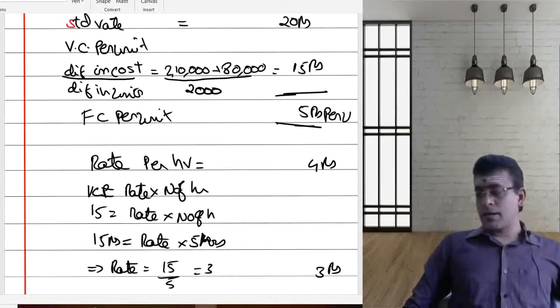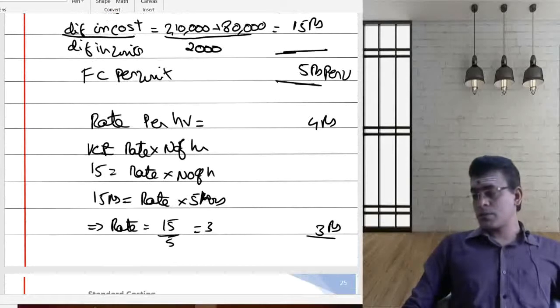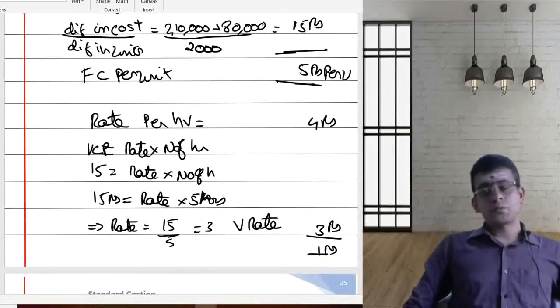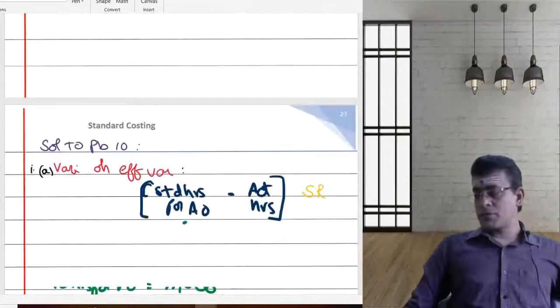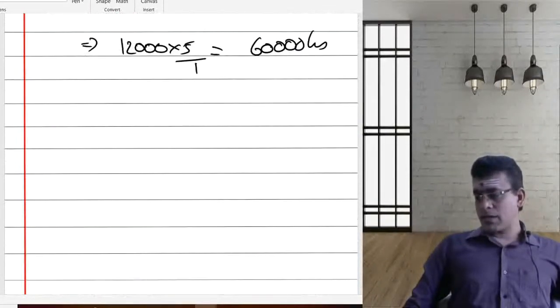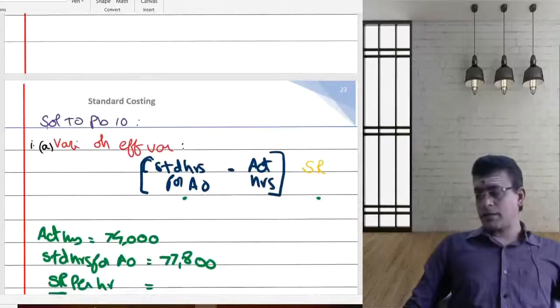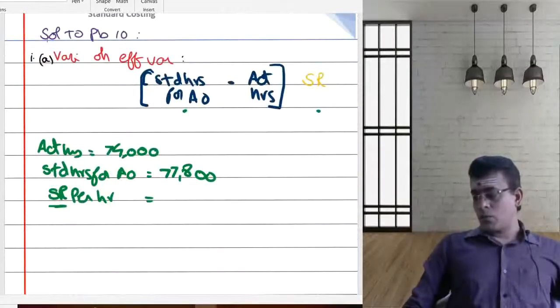So the standard rate of variable cost is going to be 3 rupees and fixed cost is going to be 1 rupee. So the variable rate is 3 rupees per hour. The fixed overhead recovery rate is going to be 1 rupee per hour. Now done. We got all the information which is required. So now let us quickly put this here and calculate the variance. What is the formula?